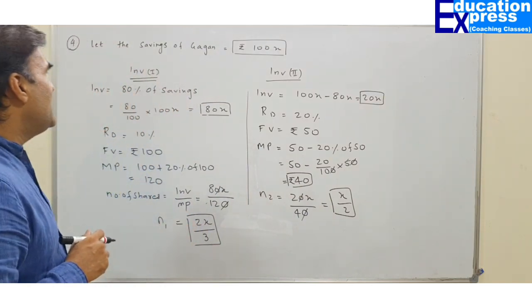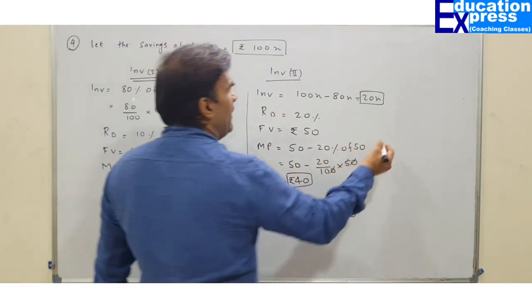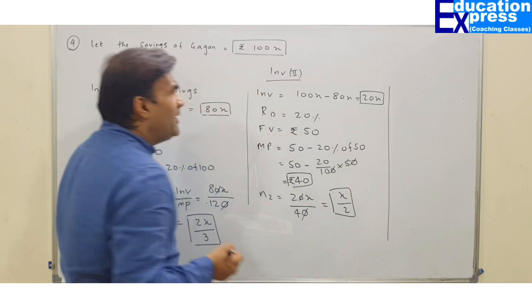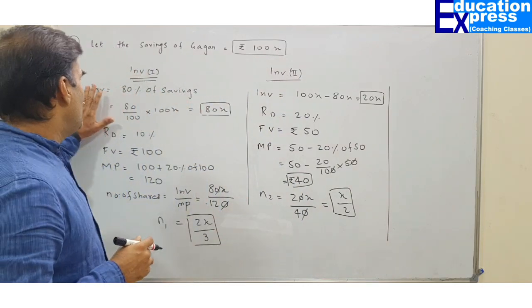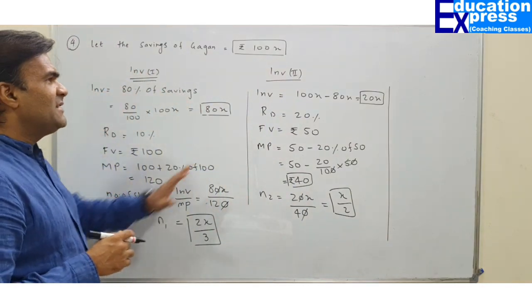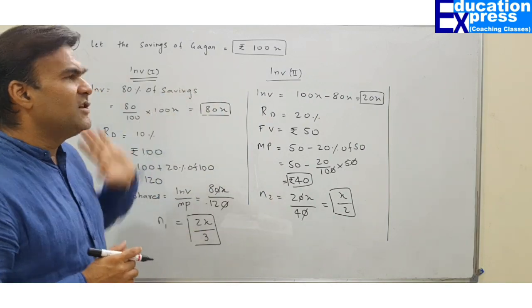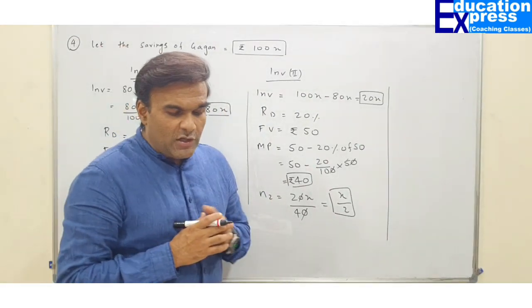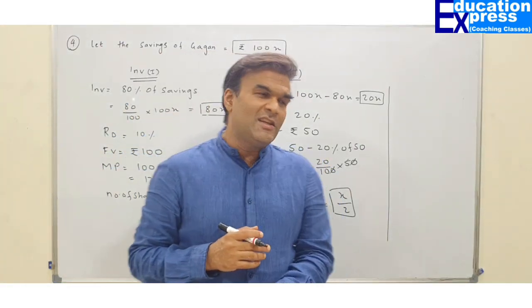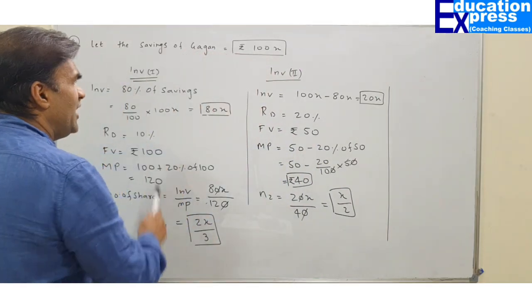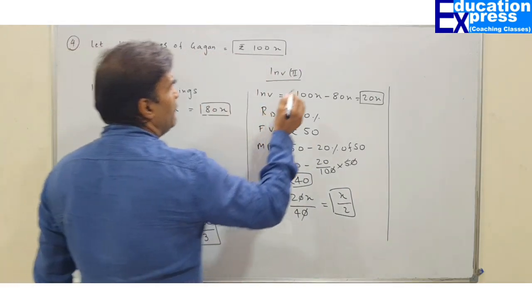So my dear friends, as far as the investment profile is concerned, we are quite clear that this is the investment profile in A, and this is the investment profile in B of Mr. Gagan. It is mentioned that the total income received by him is 5,600. So dividend from this share plus dividend from this share. How do you find it?